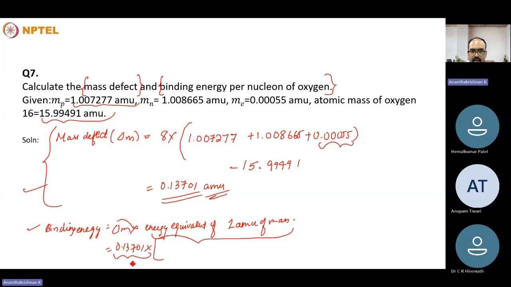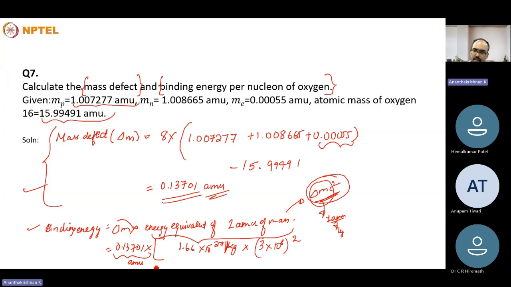This delta M is in terms of AMU. So the energy equivalent for one AMU of mass is E equal to delta M c squared. Here the mass will be in terms of kilograms: 1.66 into 10 power minus 27 kilogram, multiplied by 3 into 10 power 8 meters per second, squared.